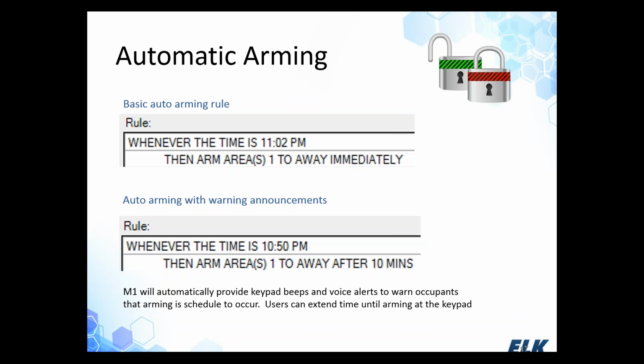So if they feel like they need 15 minutes to finish up and get out, press the up arrow key twice, gives them an additional 20 so that they can leave. So this is a nice feature of the M1 system, being able to auto arm automatically, as well as being able to auto arm with announcements to let those in the business or facility know that the system is preparing to arm.